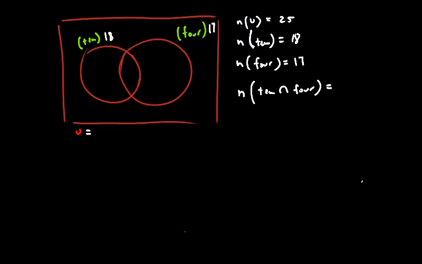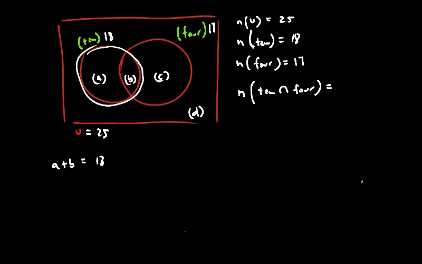We know that the total has to come out to 25. So let's represent these with some letters again. Here's A, here's B, and here's C. And then this outside piece is D. We can set up some equations here. A plus B has to equal 18.